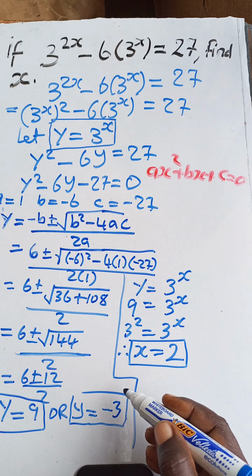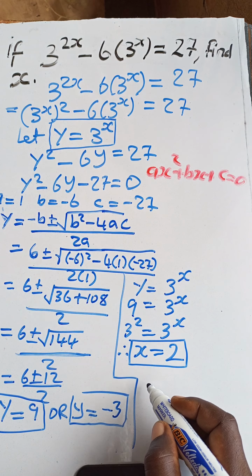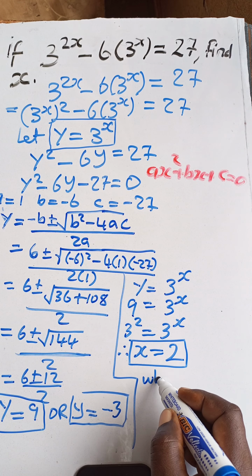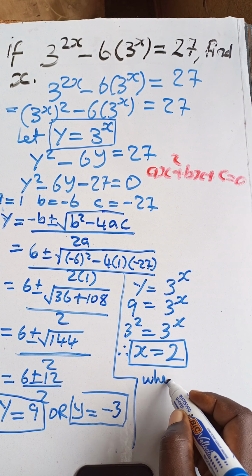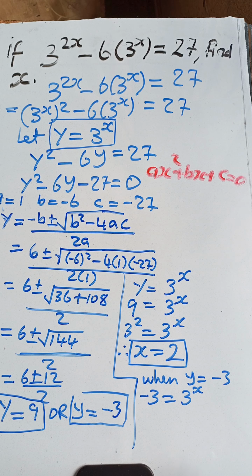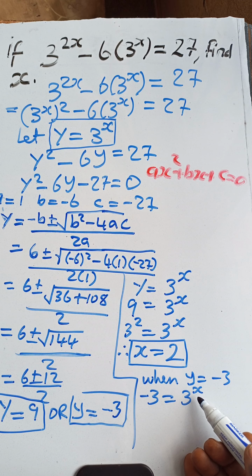Now we use the same expression again, but this time when y is negative 3. We put it there, so we have negative 3 is equal to 3 to the x. Now pay attention. We're looking for the value of x, and we see that x is at the exponent.